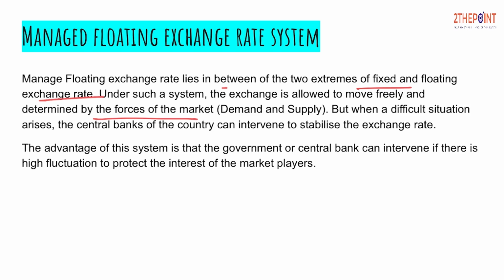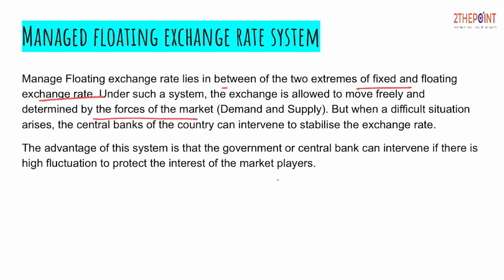The advantage of the flexible system was that it was dependent upon the market forces of demand and supply. So in the managed floating system also, the exchange rate is determined by the market forces of demand and supply, but with a condition that if it crosses a certain threshold which is determined by the central bank, the central bank will intervene and will regulate or stabilize the market.